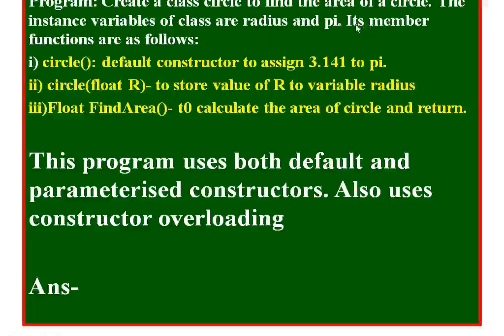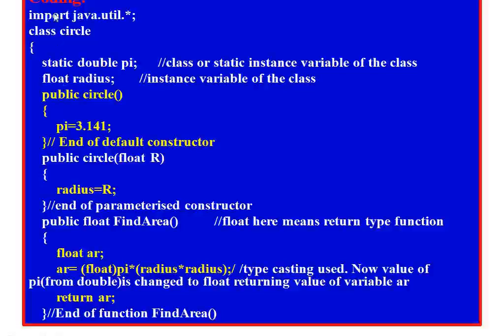Its member functions are circle, which is the default constructor to assign 3.141 to pi; circle with float r, to store the value of r to variable radius; then the method float find area, to calculate the area of a circle and return it. You have to return it, but it will be small f, not capital F. See here how the coding is done.